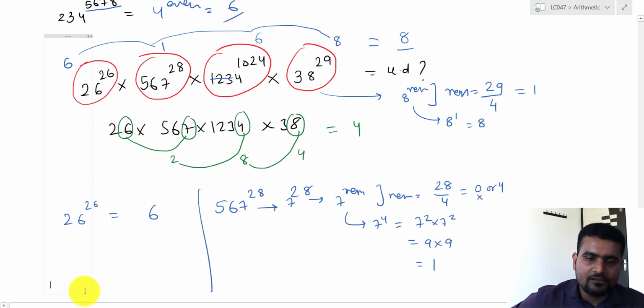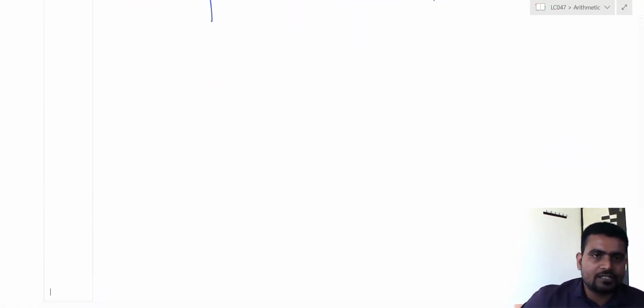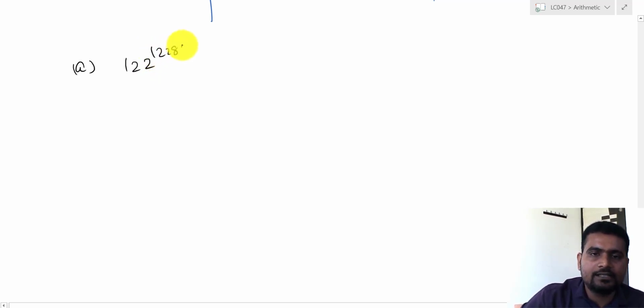For practice questions, I will tell you to solve these. Okay, so the first practice question is going to be something like 122 raised to power 12286. The next question could be 4675 raised to power 25.